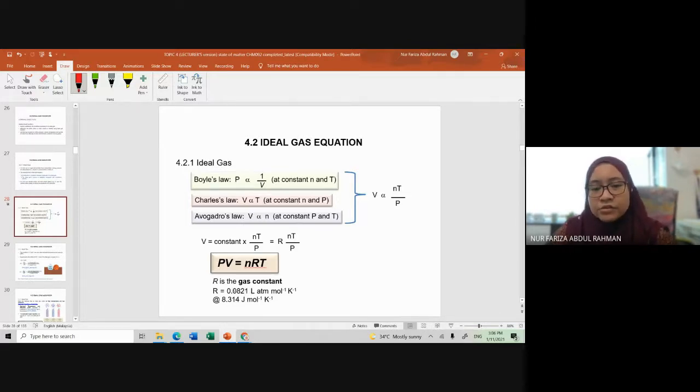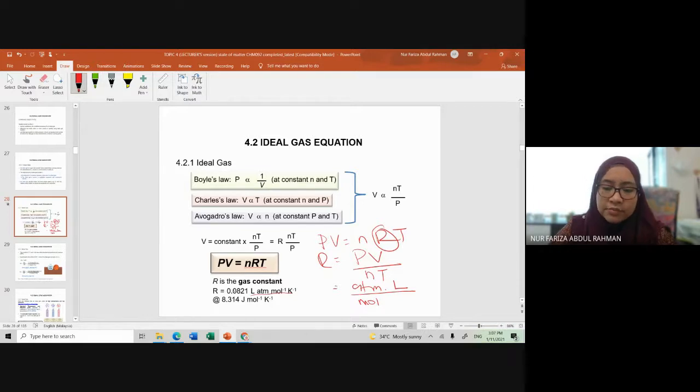In terms of the unit, make sure that you have the unit. In case you don't remember the unit, you can always derive it from the formula itself. It is PV = nRT, and we want to know the unit of R. P must be in atm, V must be in liters, n must be in moles, and temperature should be in Kelvin.